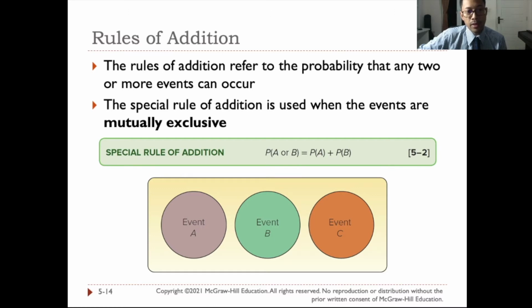So the probability of event A or event B is going to be the sum of the probability of event A and the probability of event B. And suppose that you have three mutually exclusive events, then the probability of A, B, or C is going to be the probability of A plus the probability of B plus the probability of C. And so, the illustration of mutually exclusive events is that the events A, B, and C do not overlap and so they're mutually exclusive.